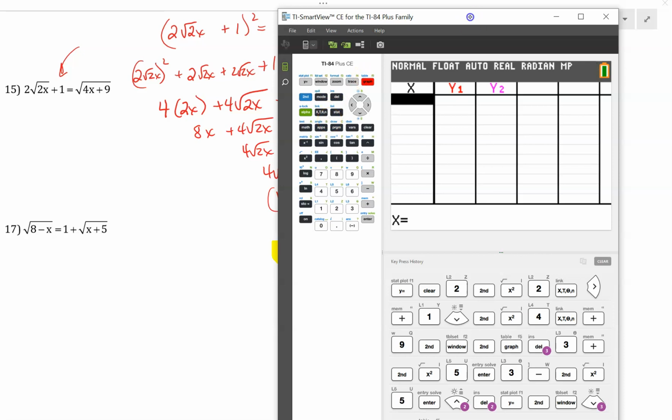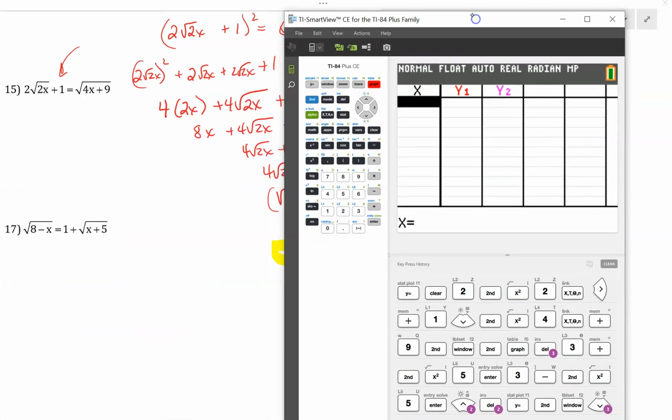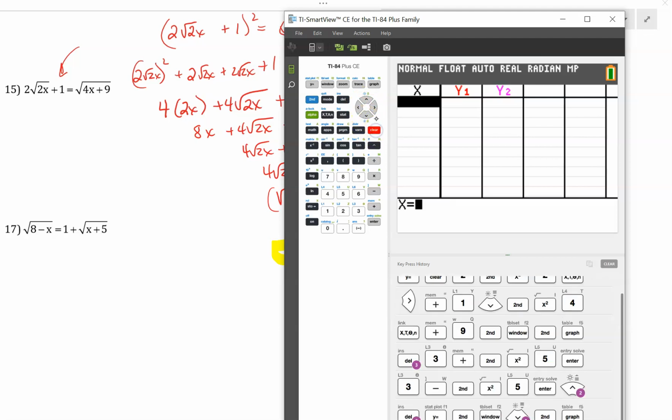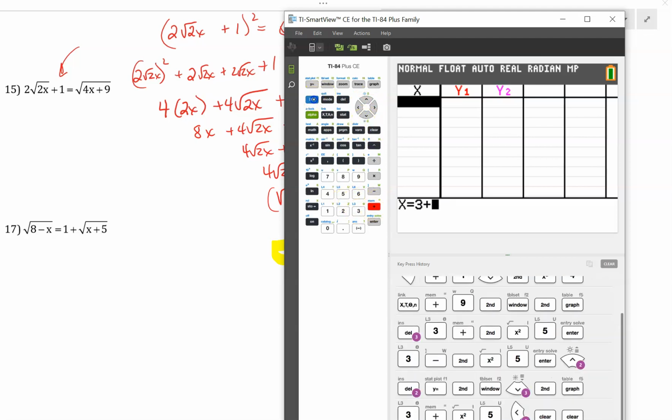So again, your 2 solutions were 3 plus root 5 and 3 minus root 5. So I'm going to type that right in, 3 plus root 5, and 3 minus root 5.